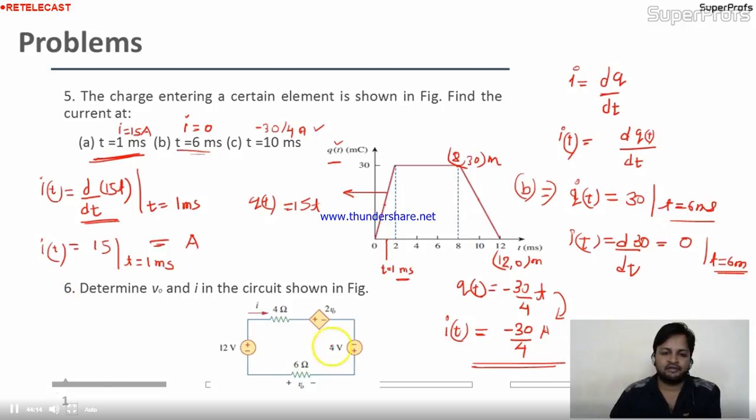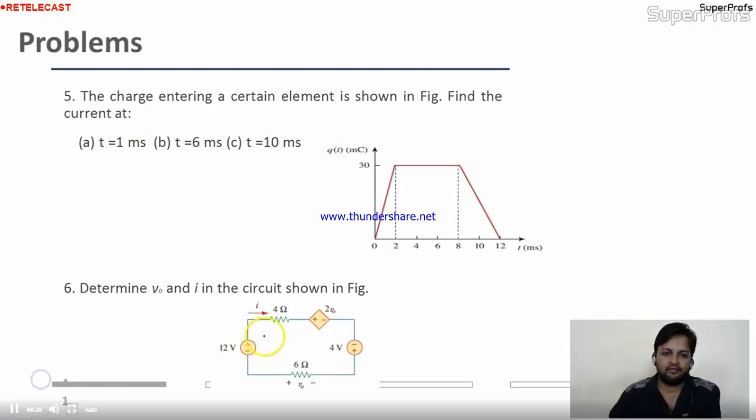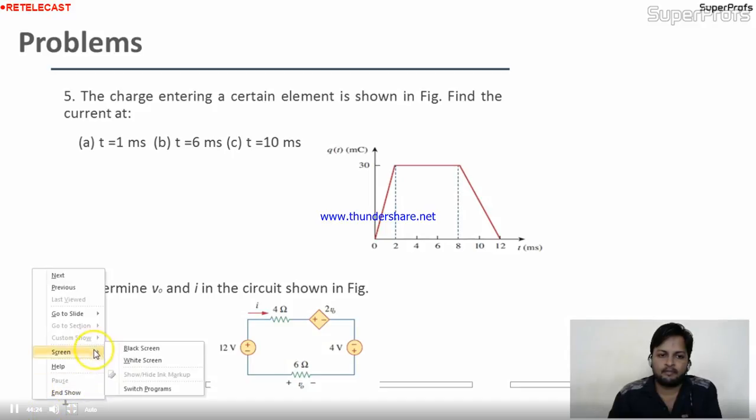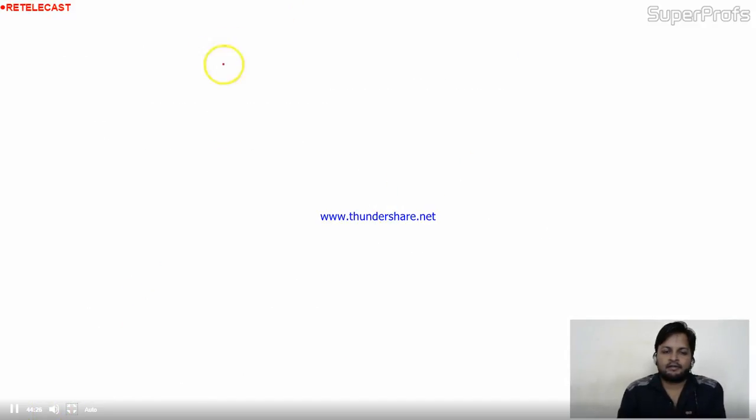Now come to this. This is a very interesting problem because we have a dependent source application here. So the given question is: this is a 12 volt, sorry, 4 ohm resistor.